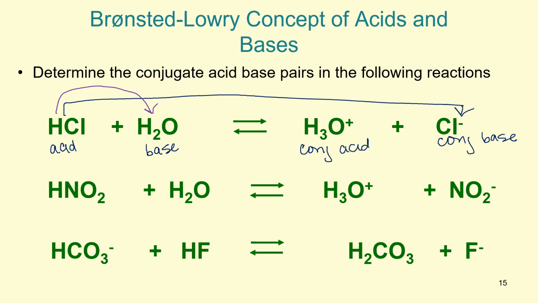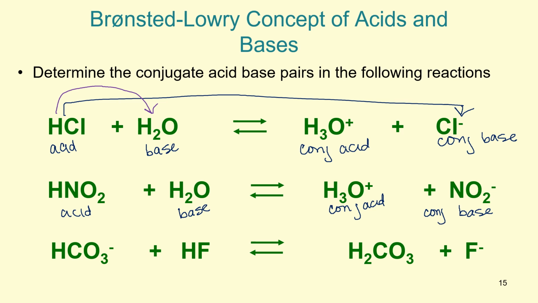Looks very similar. The H2O has gained the H+, so again, the H2O is the base, and this is the conjugate acid. And so therefore HNO2 must be the acid, and in fact it's given up the H+, and so it's the conjugate base. Depending on which way you're looking at, they're conjugates of each other.